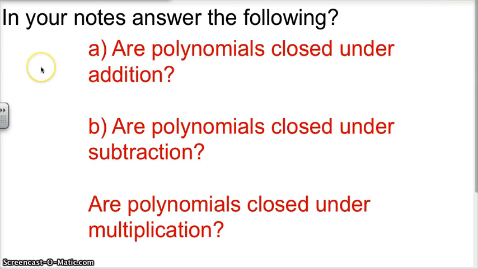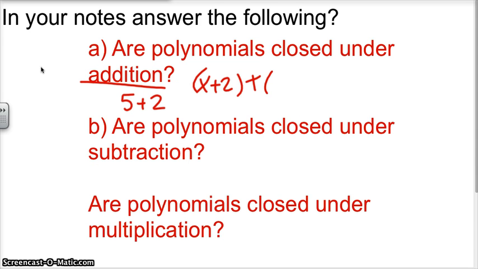Kind of running out of time, so let's think about it. Polynomials, addition. If you were to add any two polynomials, polynomials can be simple, polynomials can be complex, would you end up with a polynomial? Yeah, you would. What if we were to subtract those two things? Would you end up with a polynomial? Yep. Same thing with multiplication.